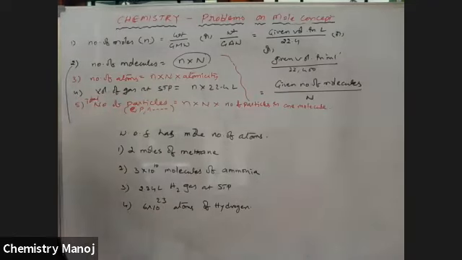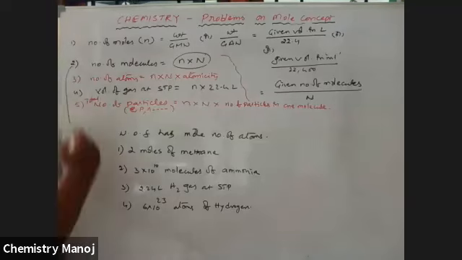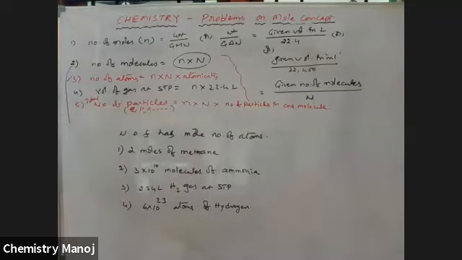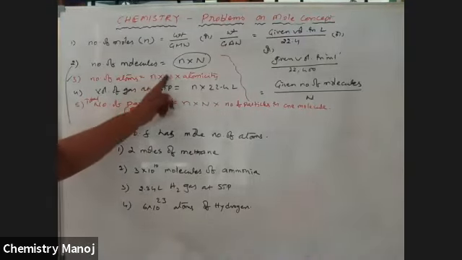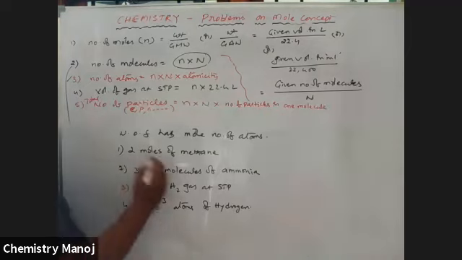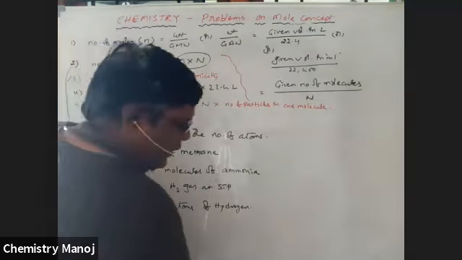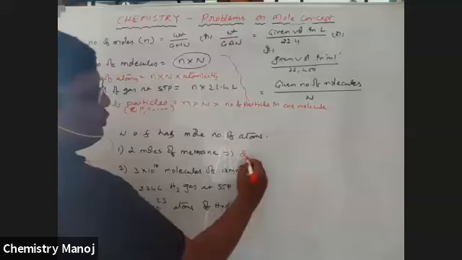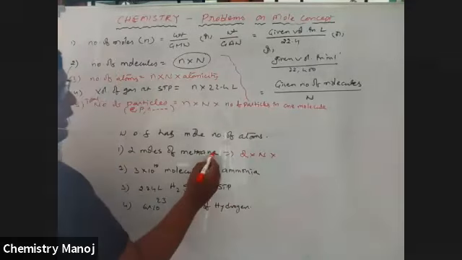Number of atoms means this is the formula you want to calculate: number of atoms equals small n into capital N into atomicity. First, 2 moles: 2 into capital N into atomicity of methane.